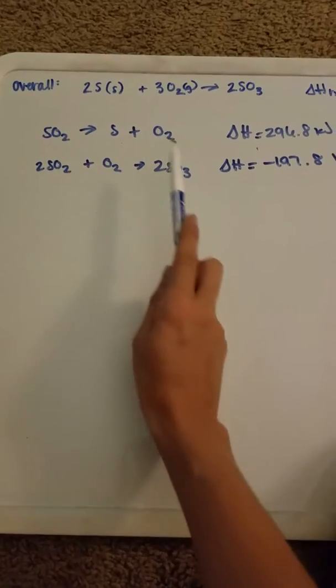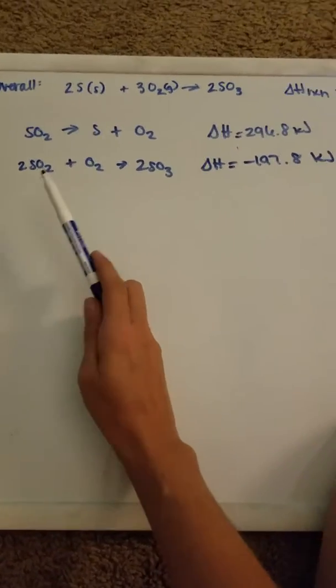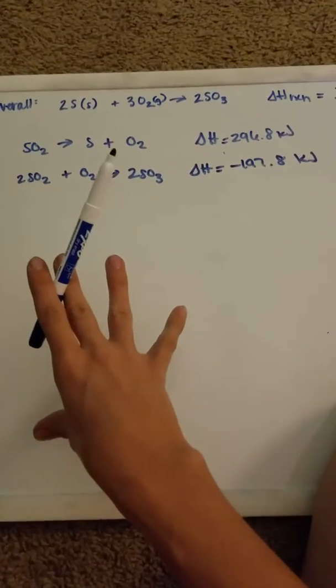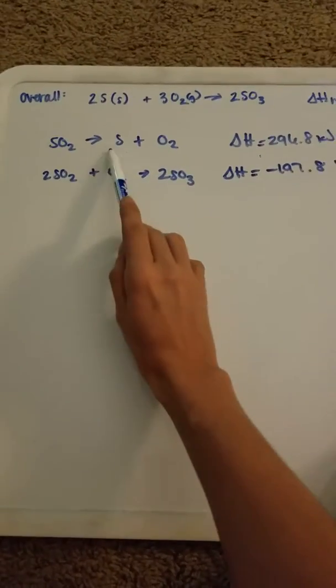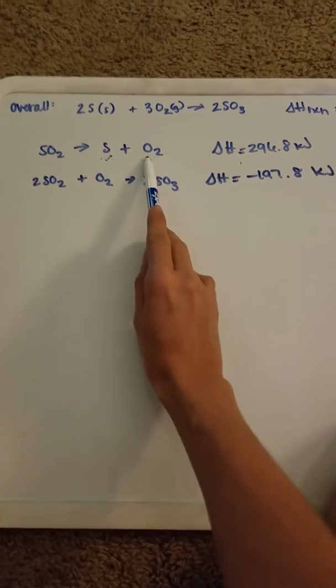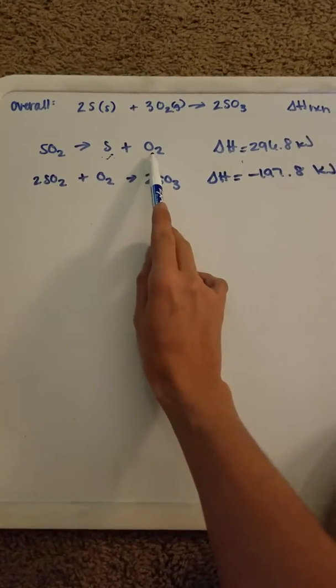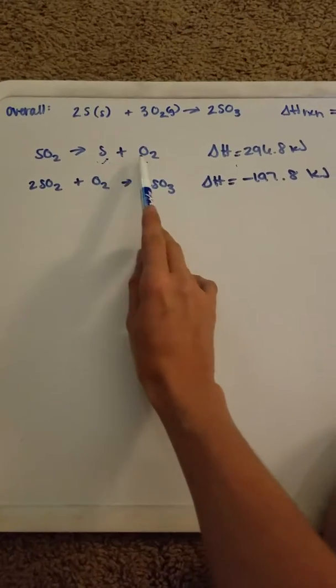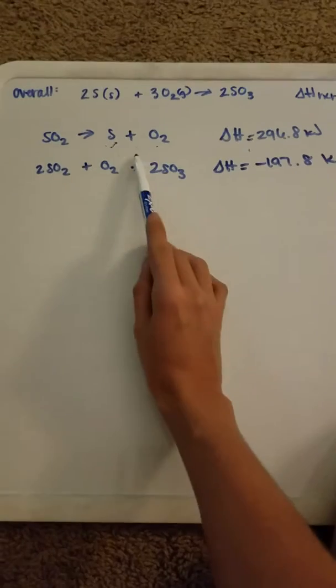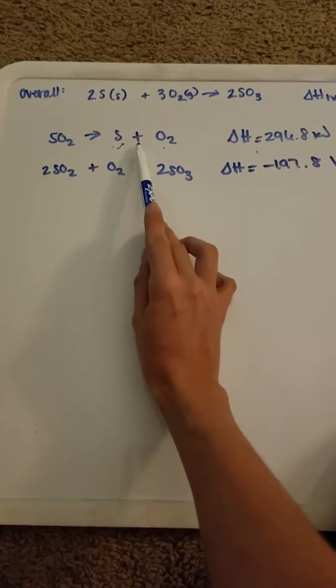So we're going to have to reverse one of these, and you can choose which one you reverse. But I can see immediately right now that, look, this is one of my reactants. Here's my other reactant. So I'm going to reverse this one because right now they're products, but I want them to be reactants for my overall. So I'm going to reverse this one.